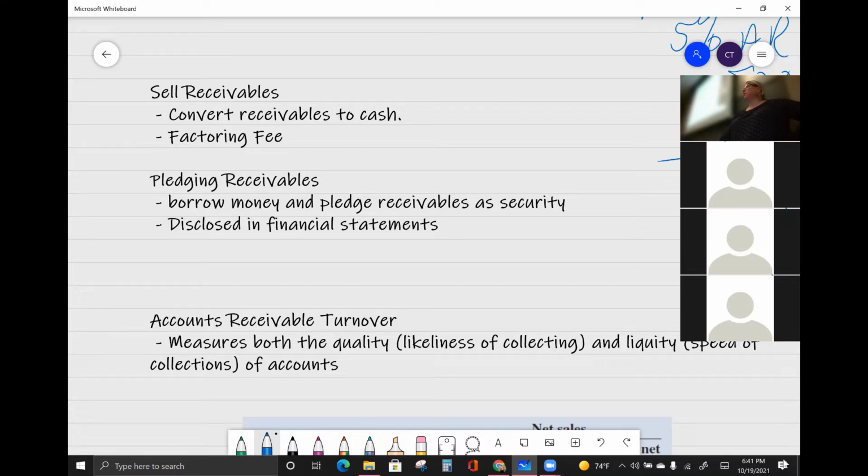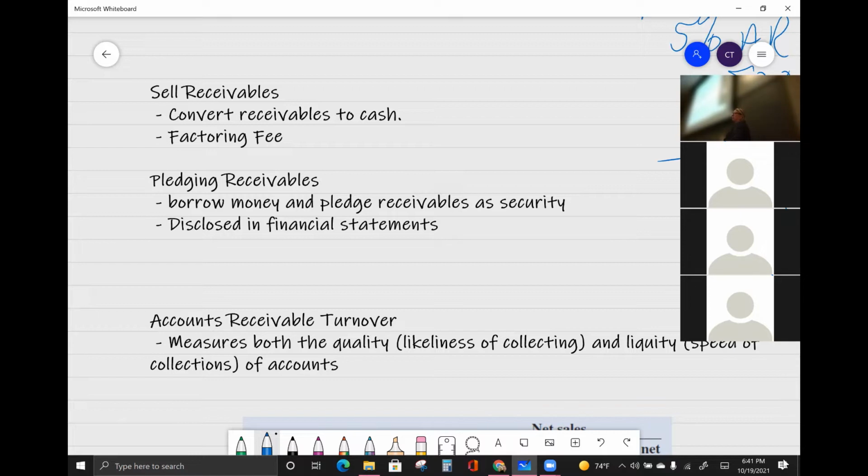And then we can also pledge our receivables. So maybe we don't want to sell them. We want to borrow some money and use the accounts receivable as security. I don't know if you've ever done a loan and you've needed something as collateral. Sometimes you can get little small loans and use something that you have that they would be able to resell. Maybe a couch, car, right?